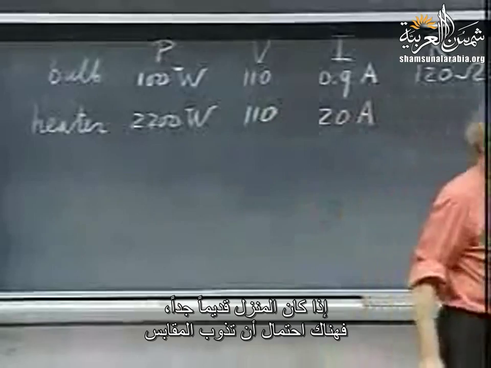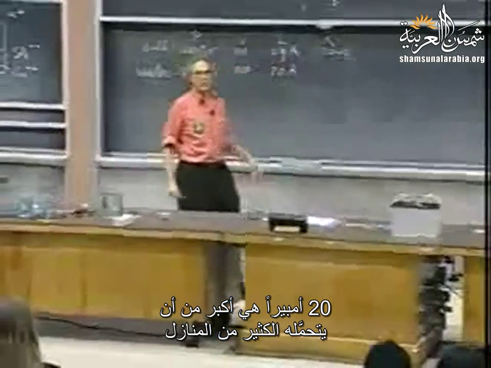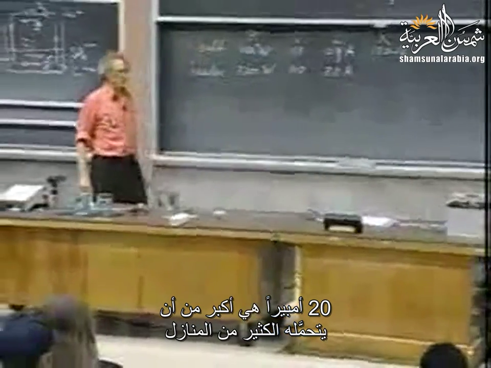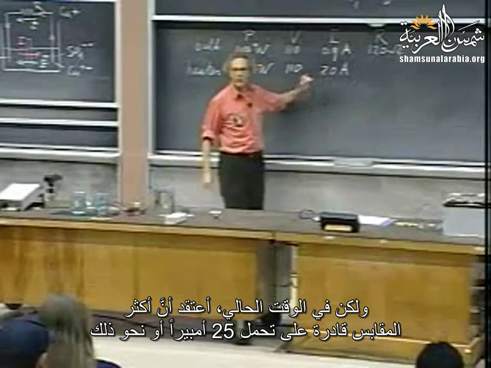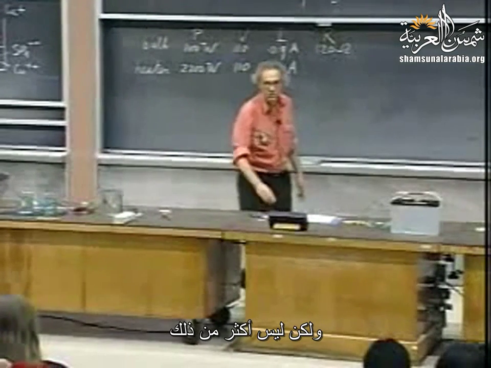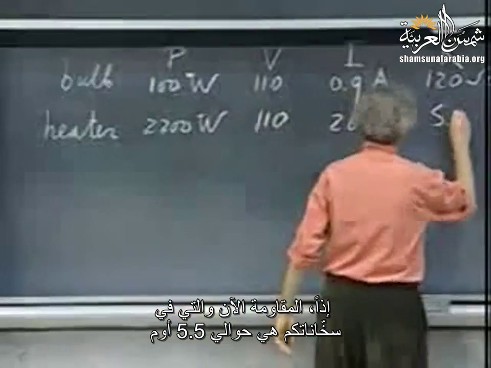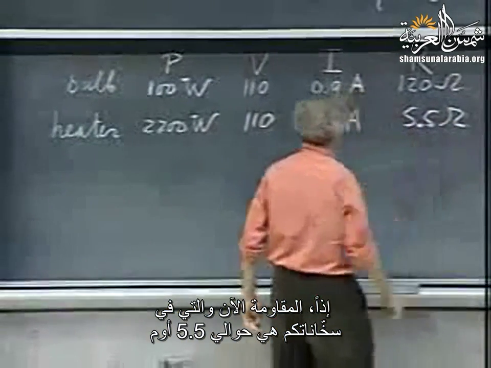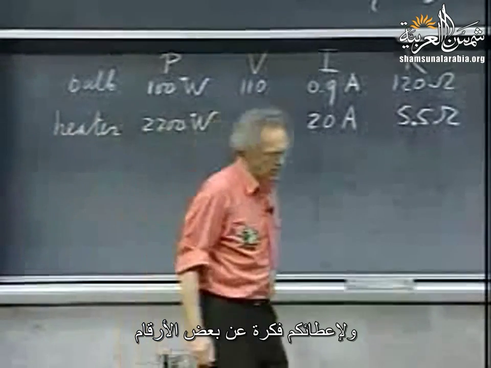If the dormitory is very old, chances are that your fuses will go. 20 amperes is more than many houses can handle. But nowadays, I think most outlets are good for 25 amperes or so, but not for much more. And so now you have a resistor in your heater which is about 5.5 ohms. Just to give you a feeling for some numbers.